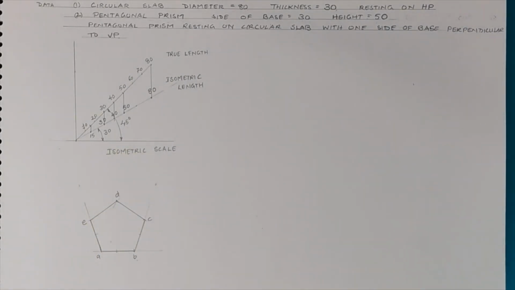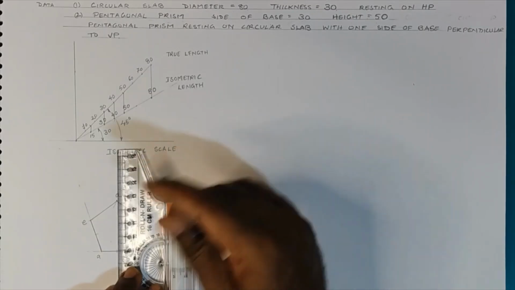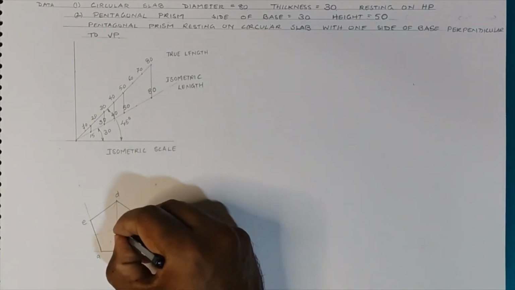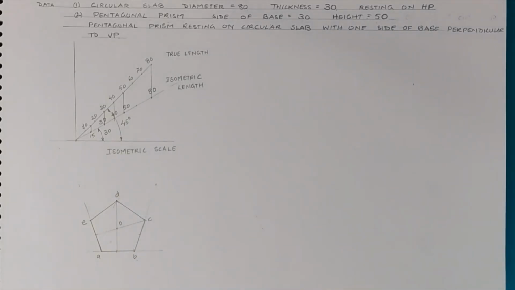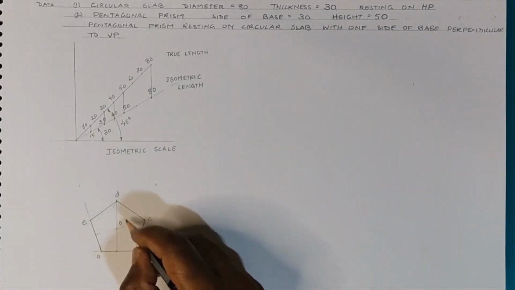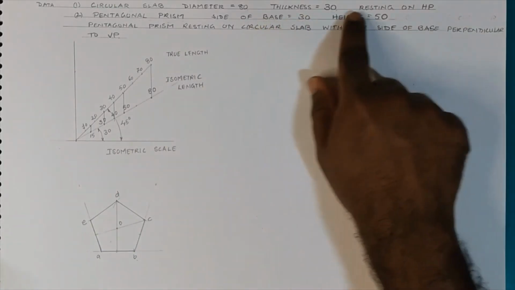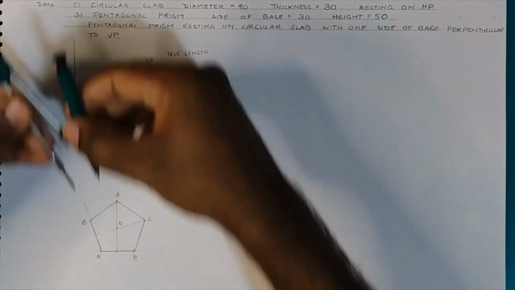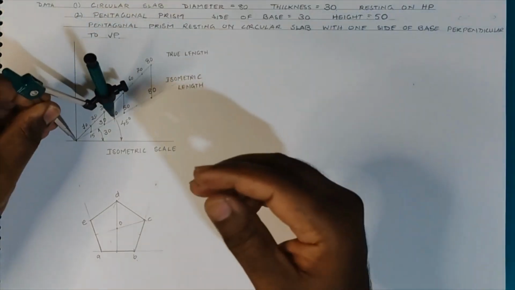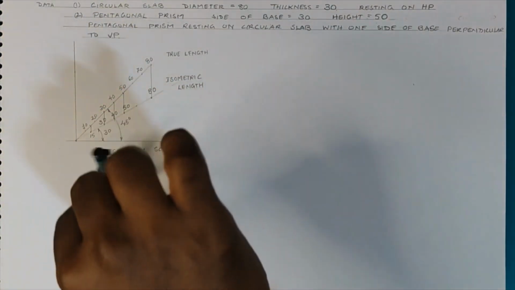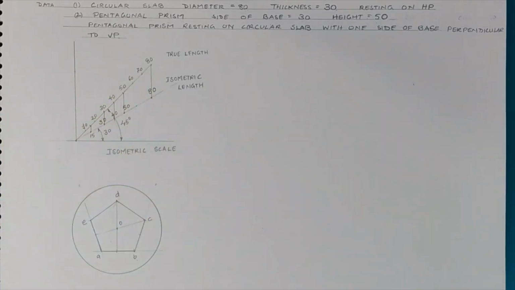I connect the corner to the midpoint of the opposite side and find the intersection of two such bisectors, which is the midpoint. Through this center, I'll be drawing a circle of isometric length 40.